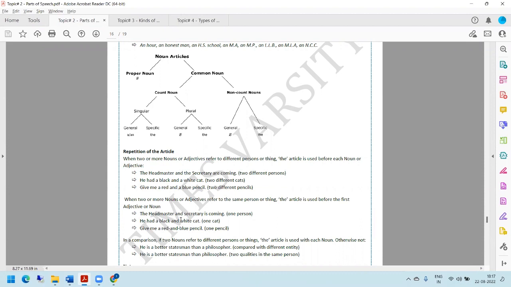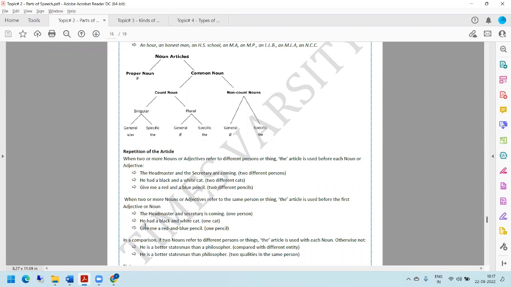If the article is not included, and we say "He had a black and white cat," it means one cat. You see how the meaning of the sentence changes if we include or don't include the article.